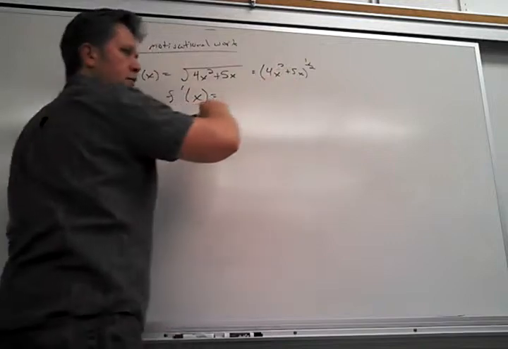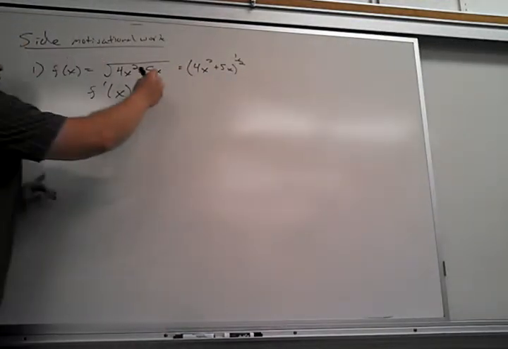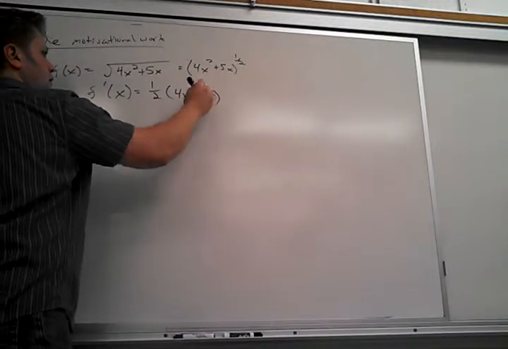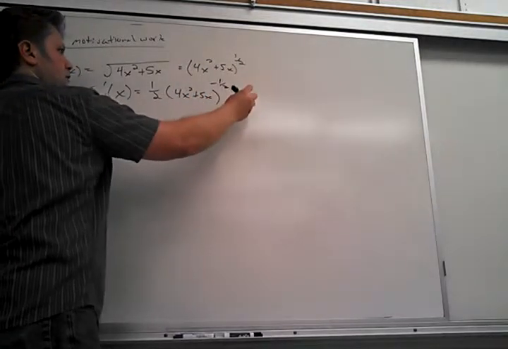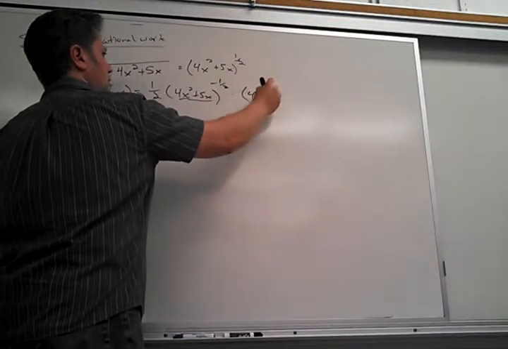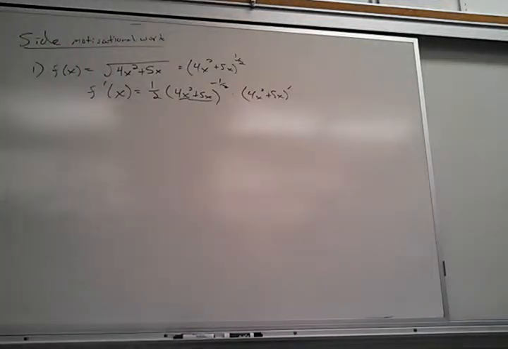Something to the 1/2. What happens? 1/2 comes down in front of that thing to the negative 1/2 times the derivative of that thing, 8x plus 5, right? I agree. I'm going to stop right there for a second. You can keep going. But what I want to show you is, what if I had this?